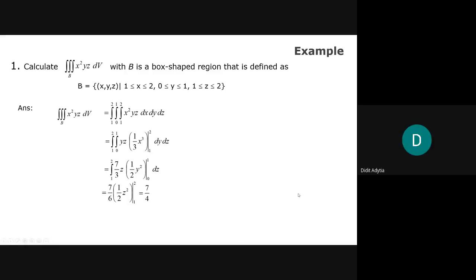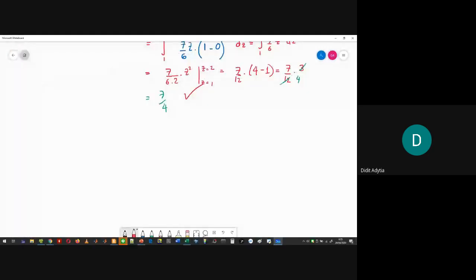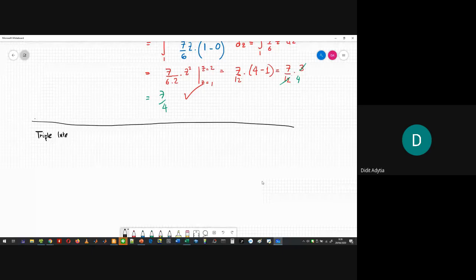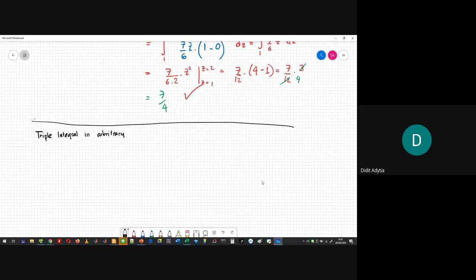Oke, kita lanjut. Oke, lanjut. Now we continue with the next one. Okay. So now triple integral. The material is triple integral in arbitrary, ya.